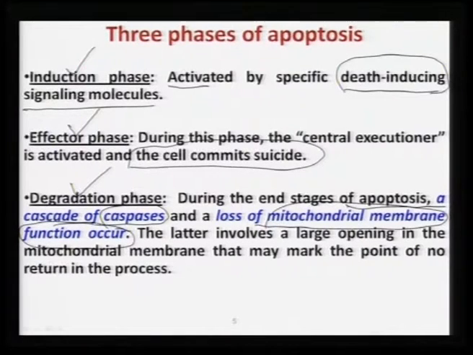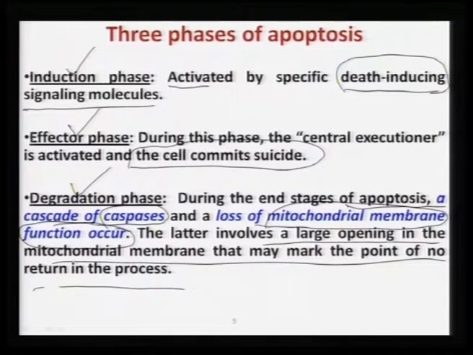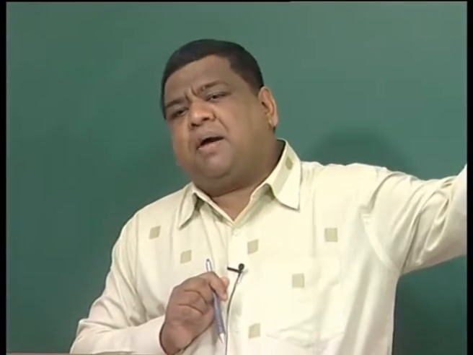So, that is what has been mentioned here. The mitochondrial membrane function stops, or there is a loss in mitochondrial membrane function that involves a large opening in the mitochondrial membrane that may mark the point of no return in the process. The point of no return means now cells will definitely undergo death. It cannot come back anymore.